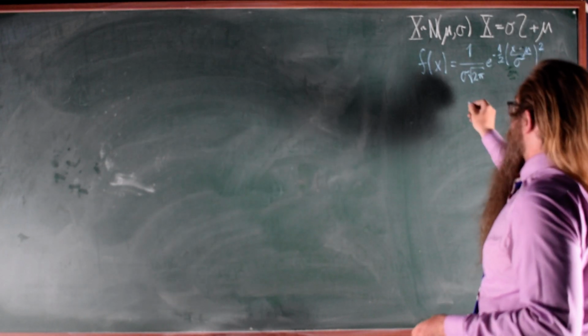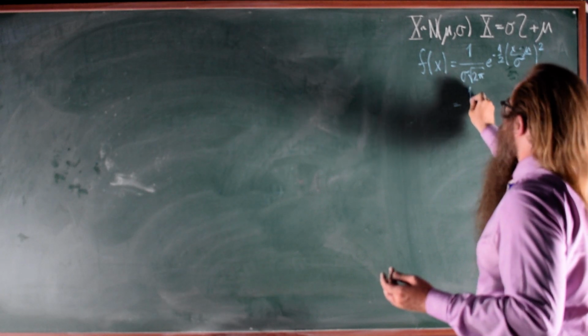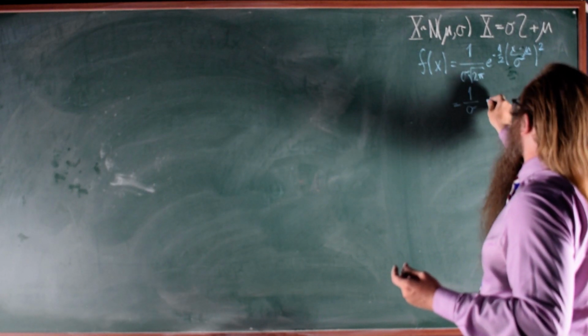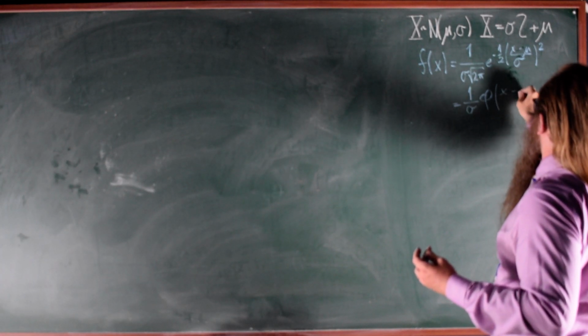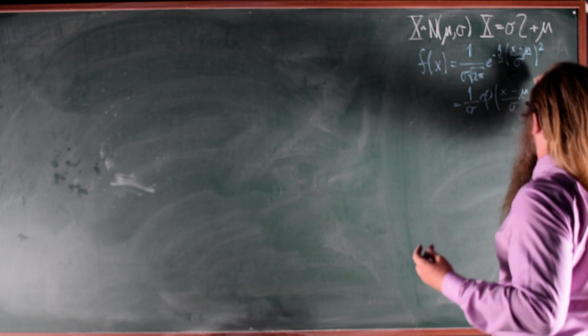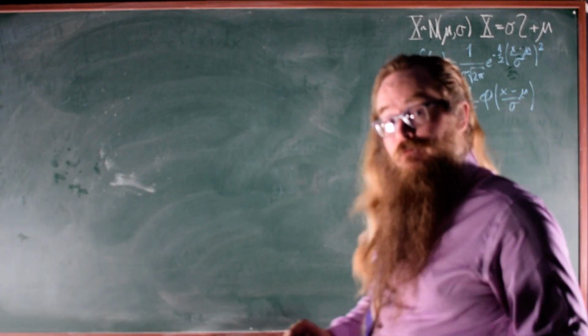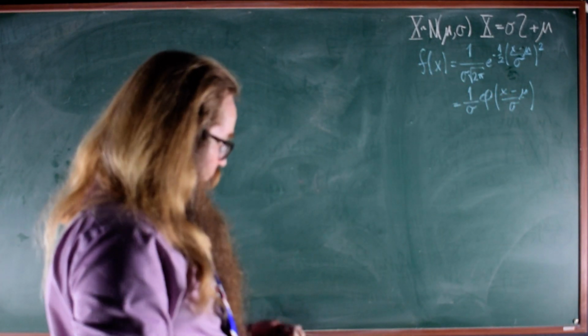Hopefully I did this correctly. And what this really is, is just 1 over sigma times the standard probability density function of (x minus mu) over sigma. Beautiful. So that's the probability density function.